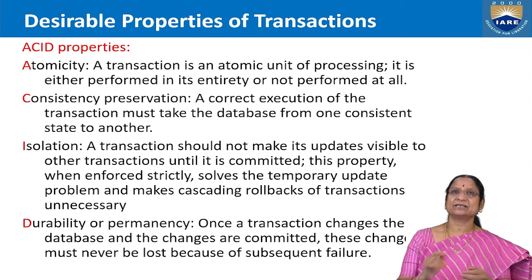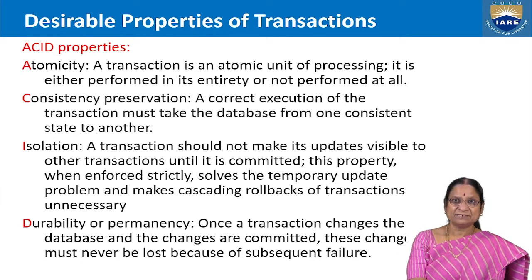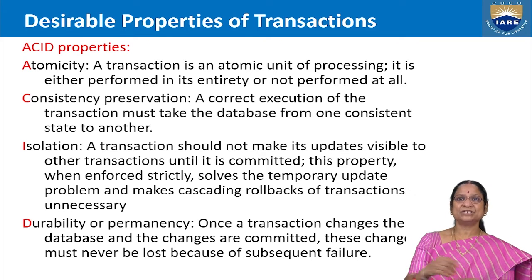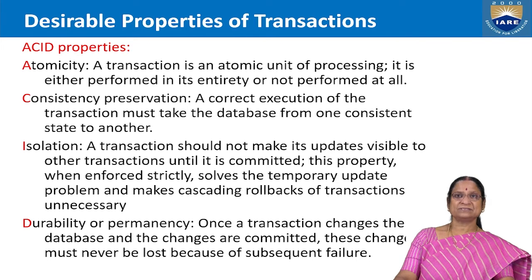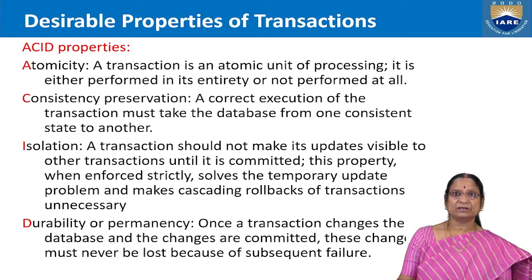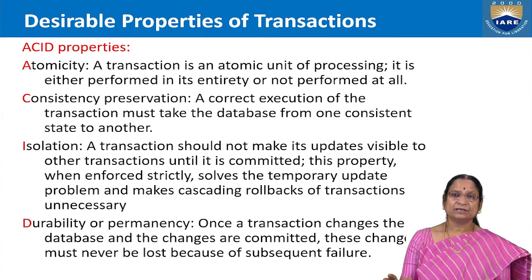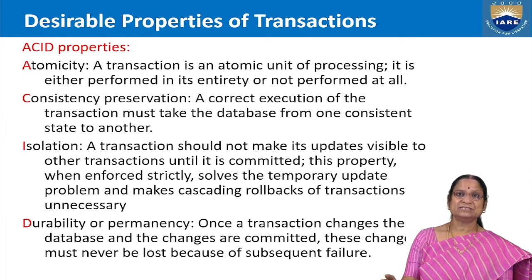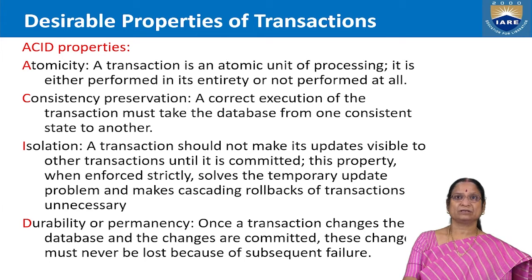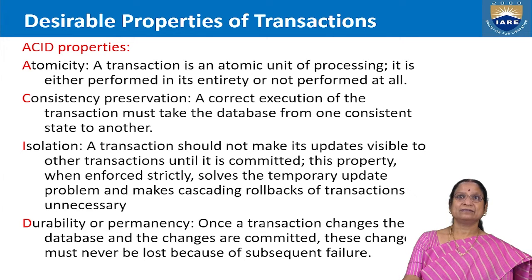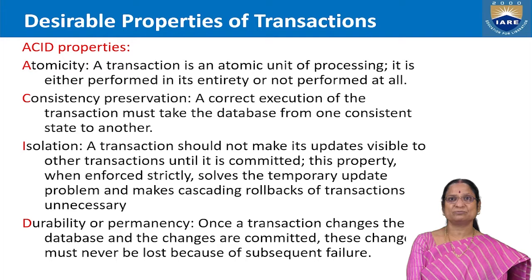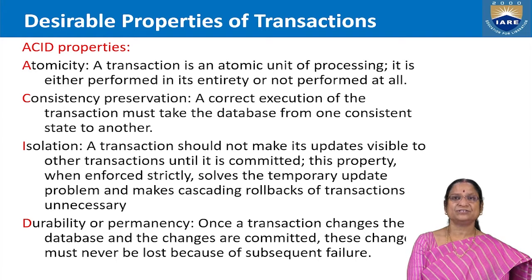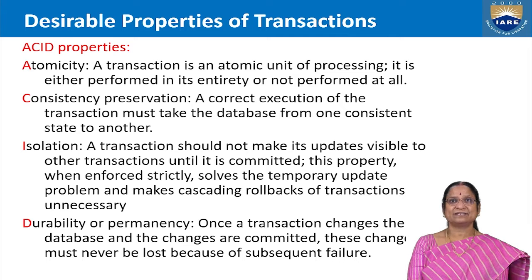That means not partially. It means that the transaction must be successfully completed. If any failure occurs, the transaction has to go back and make your database as it was before the transaction, whatever state that was.